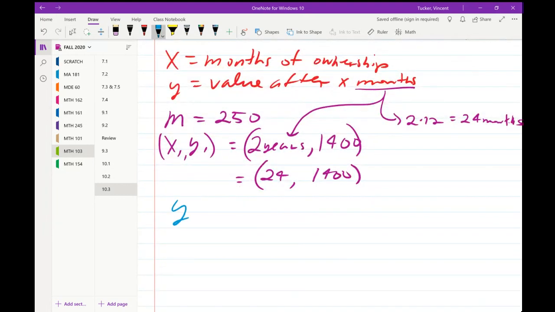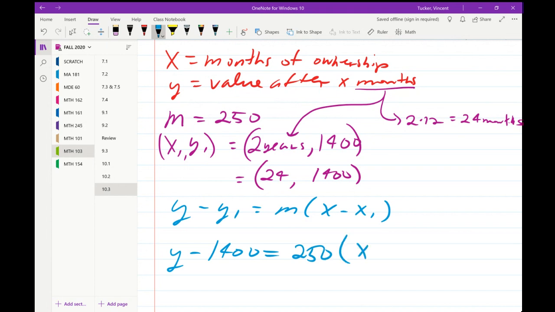So the formula, y minus y1 equals m times x minus x1. y1 is 1400. m is 250. x1 is 24.